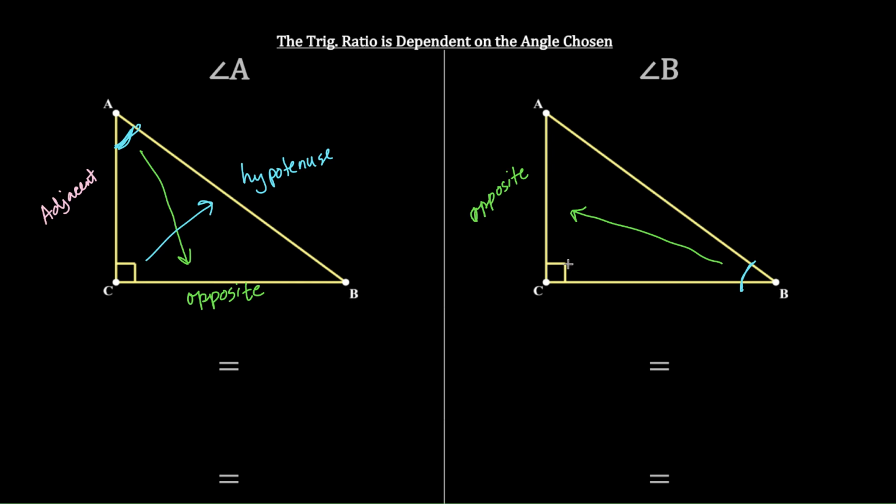And this side is the hypotenuse, which makes this last side the adjacent one. Right, not difficult, not too bad.